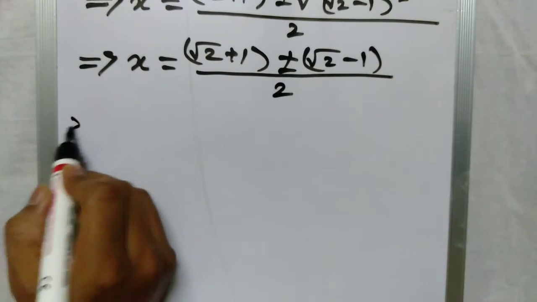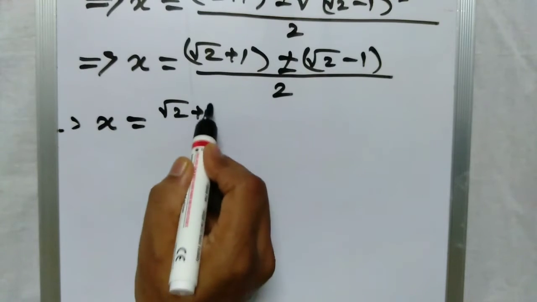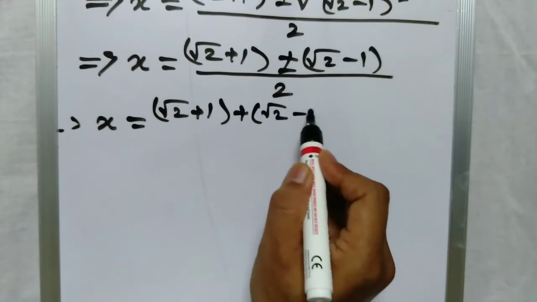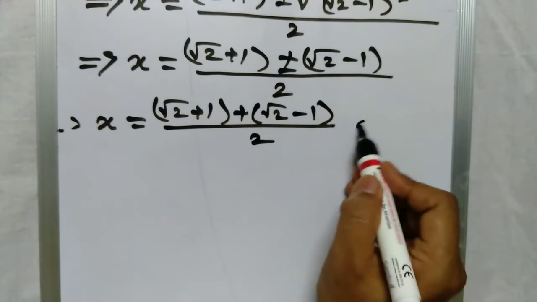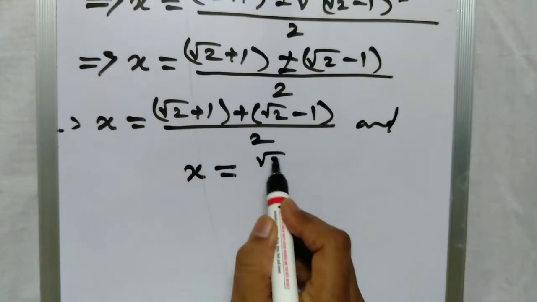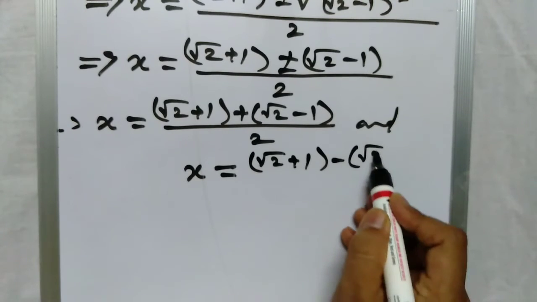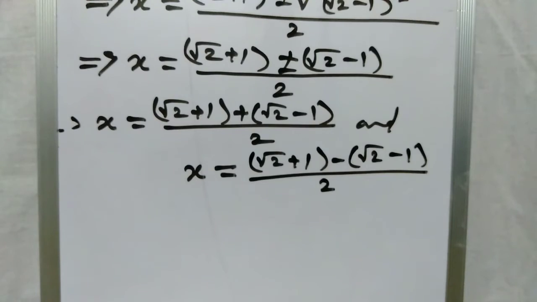Therefore, x is equal to (root 2 plus 1 plus root 2 minus 1) by 2, and x is equal to (root 2 plus 1 minus root 2 minus 1) by 2.